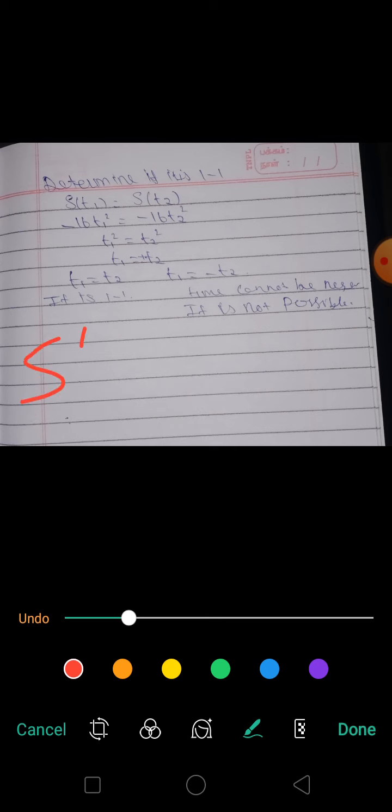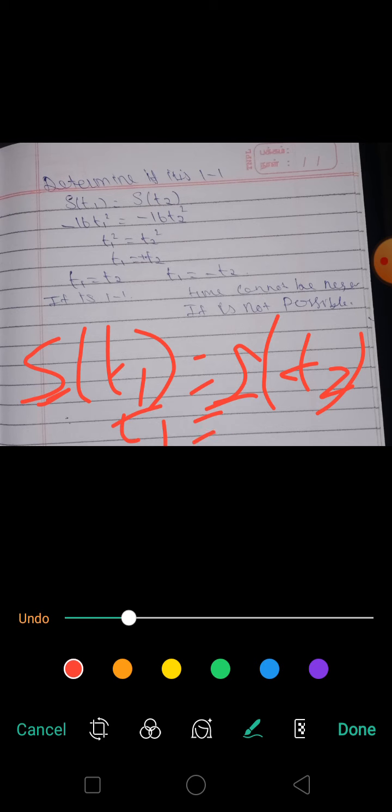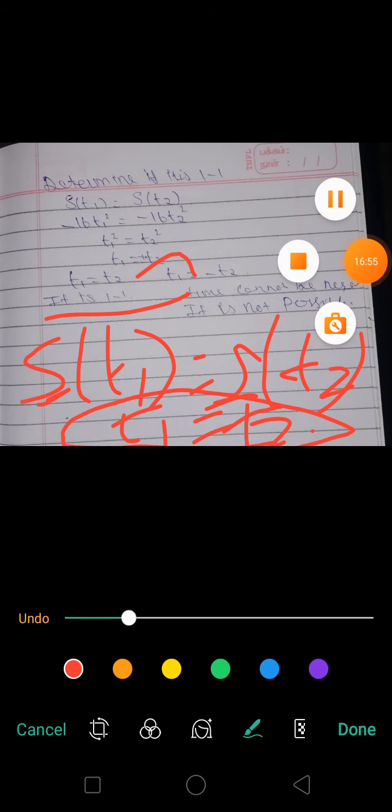Suppose I take s of t1 is equal to s of t2, the answer should be t1 is equal to t2. If you get this value, the function is 1 to 1. If you don't get this value, the function is not 1 to 1. But now I got t1 is equal to t2, so it is 1 to 1. And already I graphed the function. Yeah, that's it.